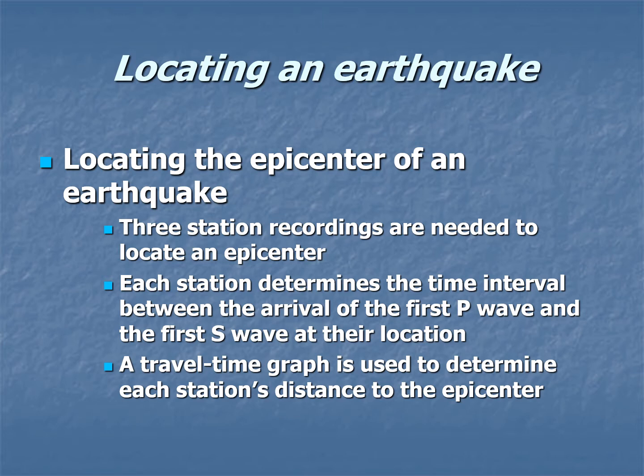And your P waves always arrive first, and the S wave arrives second, and then your surface waves are later. But you're basically going to look at the lag time, meaning how much time passed between the arrival of your first P wave and your first S wave. You look at that information from 3 different seismometers, and then scientists have constructed a travel time graph, and you can use this to find the distance to the epicenter.